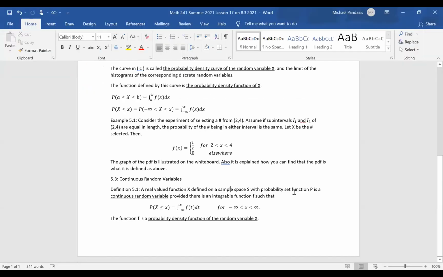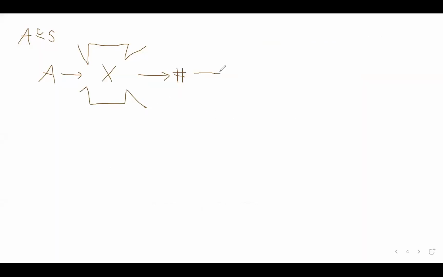And so then the probability set function P is saying, okay, we want a certain set of values of capital X as our input, and then the output is a number, right? The probability that capital X takes on values in that subset.